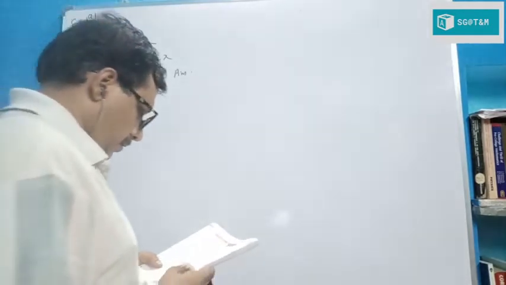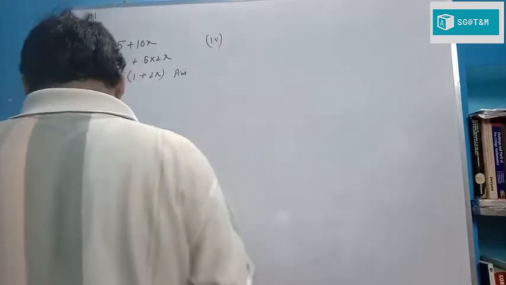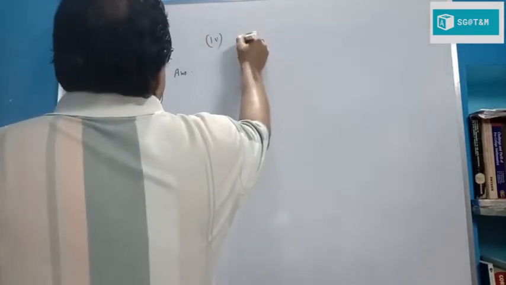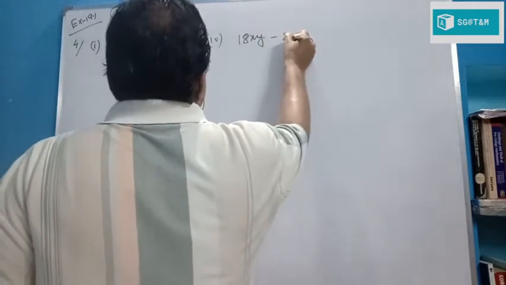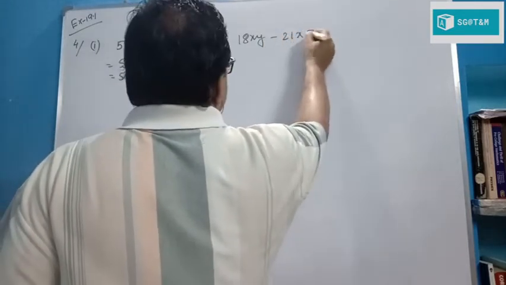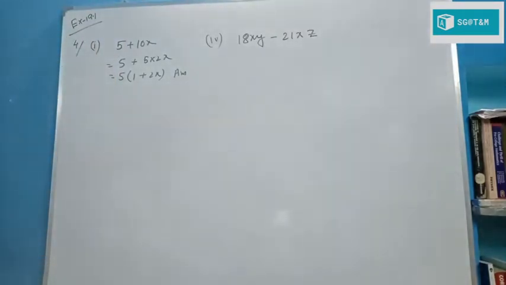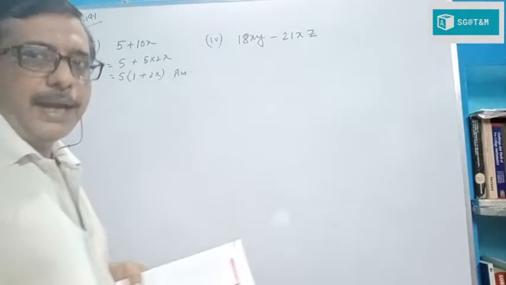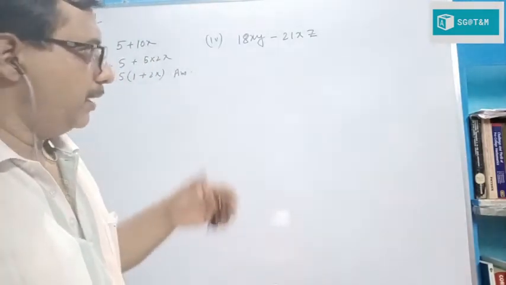Next, question number 4. 18xy minus 21xz. First we find the common factor of 18 and 21. 21 means 3 into 7.